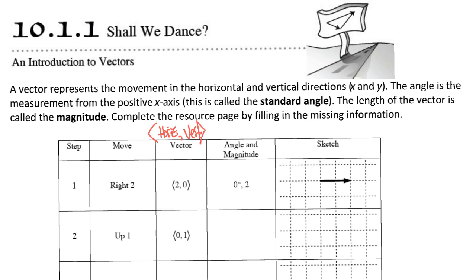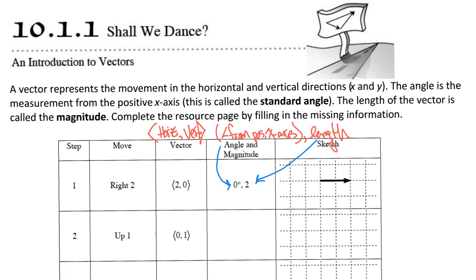Okay, when we start talking about angle and magnitude, this is always going to be the angle from the positive x-axis, okay, and then comma length is your magnitude. Okay, so for this first one, my angle is 0 degrees and my vector is 2 units long.